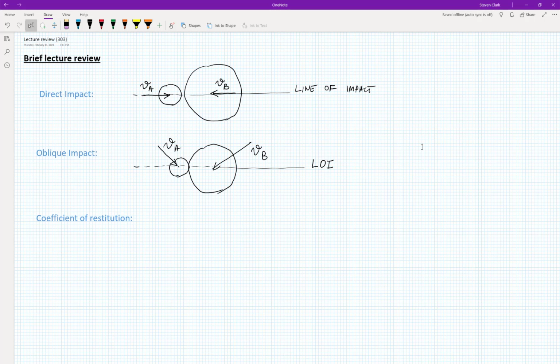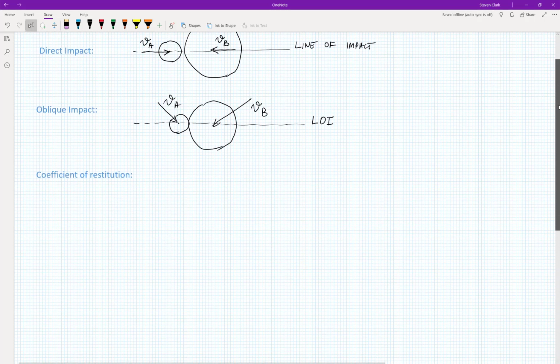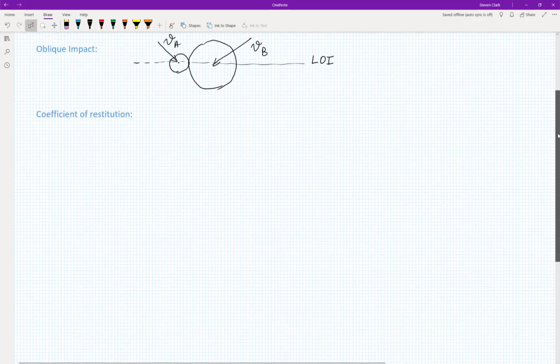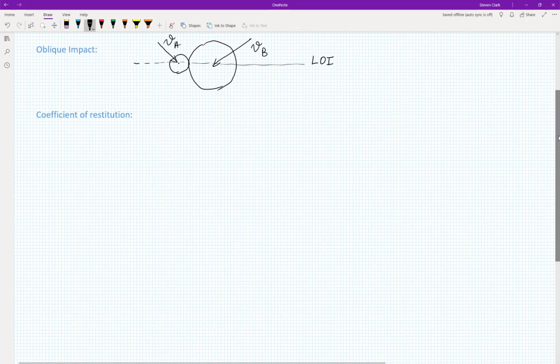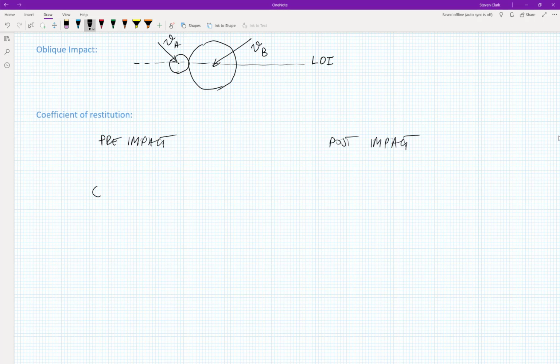And now I would like to focus on the coefficient of restitution. I would like you to imagine the situation pre-impact and post-impact. Here we will have, again, two bodies that are about to collide. And they will have some velocity, right?